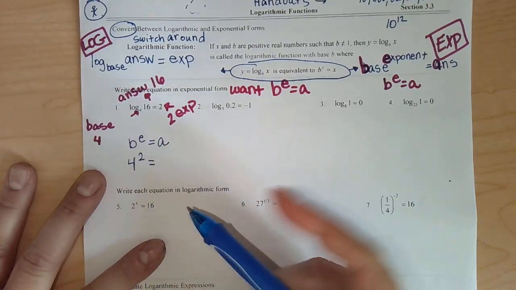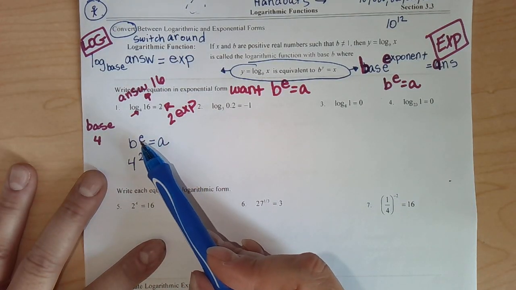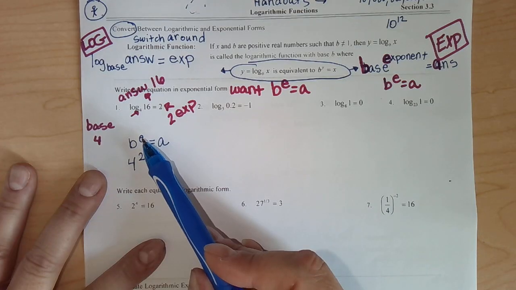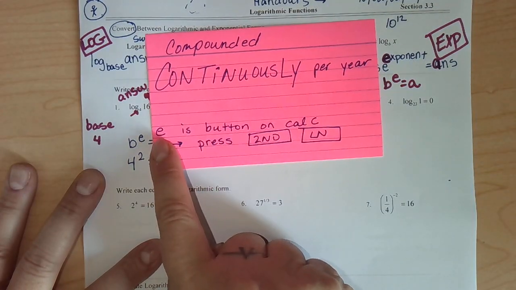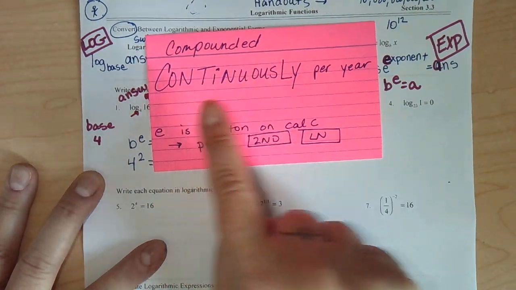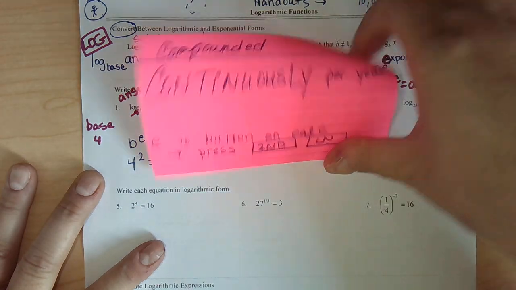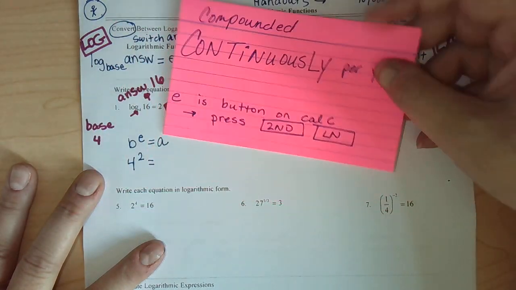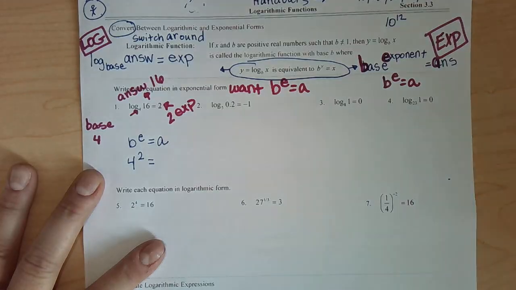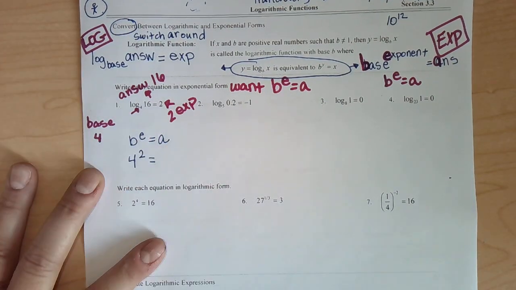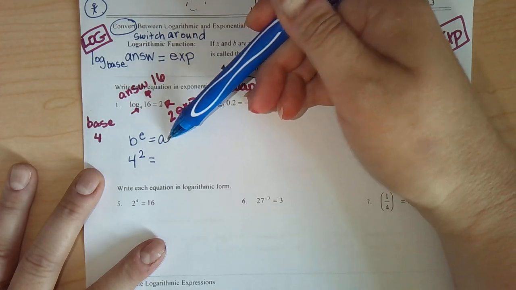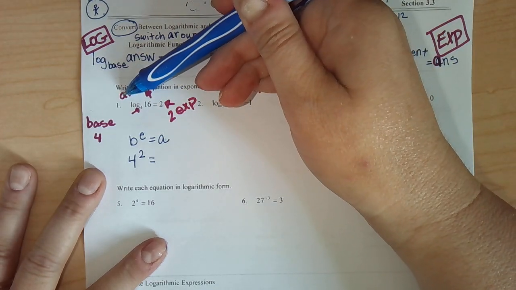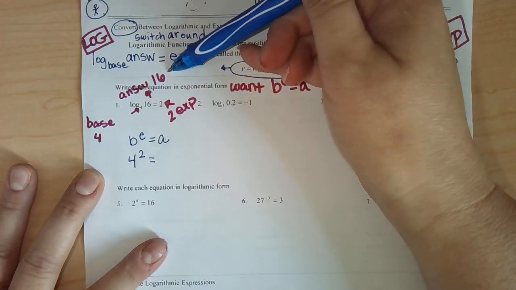And this is where it gets kind of rough, because we have this e from the word exponent, but we also had that letter e from compounded continuously. But this e means exponent. So we have 4 to the 2 equals whatever the a was, the answer, which was 16.